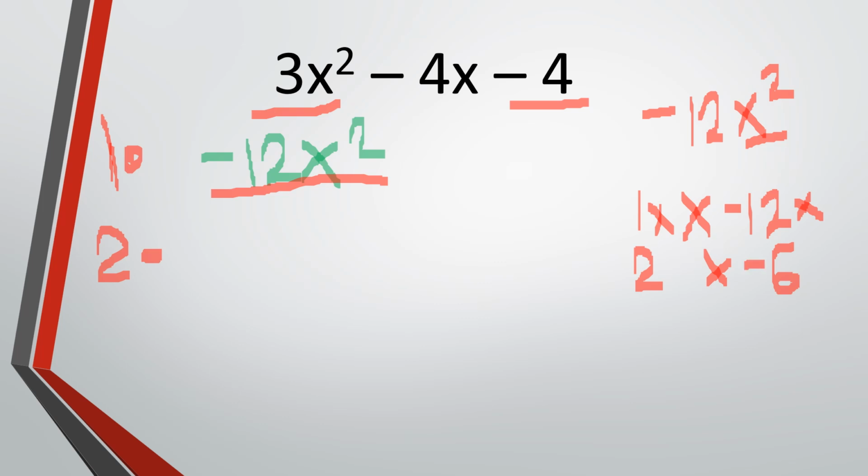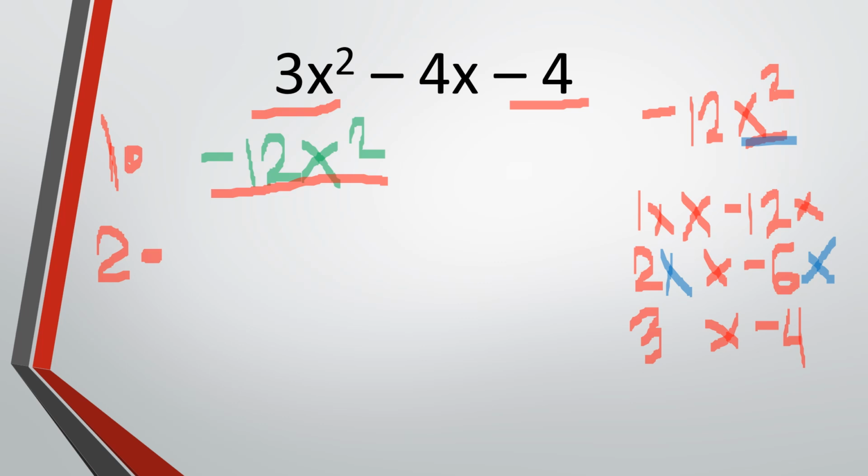Since that is x squared, that means we have 2x and negative 6x. Aside from that, we also have 3 and 4. The greater number is 4, therefore that is negative.